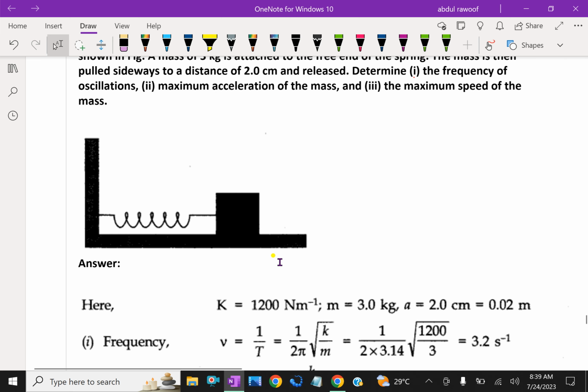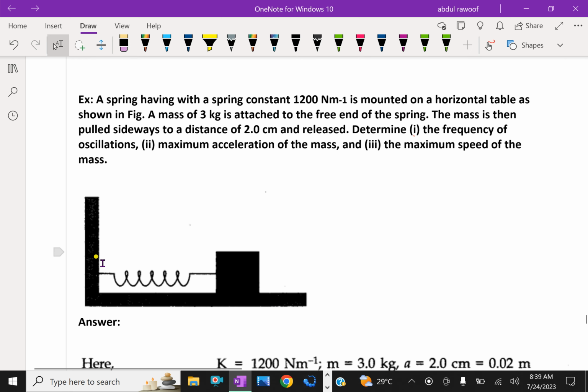Next question. A spring with a spring constant 1200 Newton per meter is mounted on a horizontal table as shown in the figure. A mass of 3 kg is attached to the free end of the spring. The mass is then pulled sideways to a distance of 2 centimeter and released, and it vibrates.